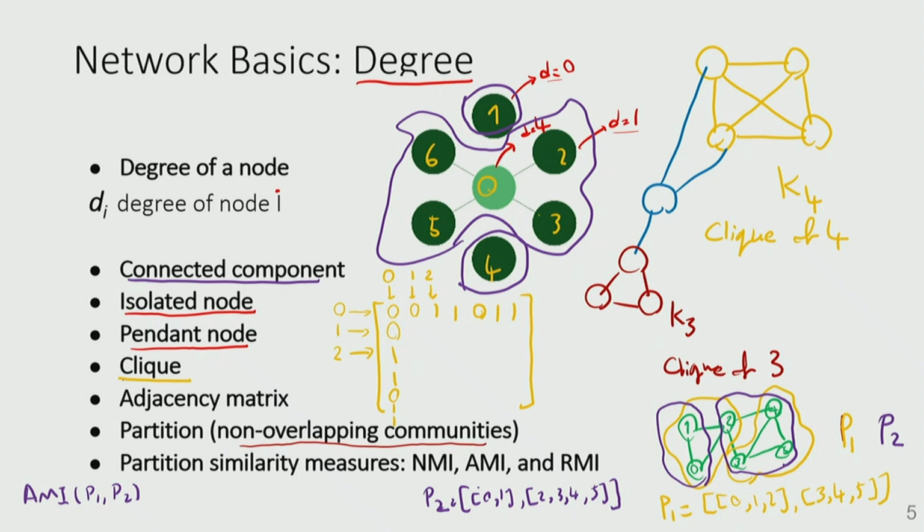I cannot compute it without code, but just to give you an example, this would be a value like 0.9. It's close to 1 because they are highly similar, except that they cluster node 2 differently. One puts 2 with 3, 4, and 5. The other puts 2 with 1 and 0. Except for that, they are the same. That's why this value is very close to 1.